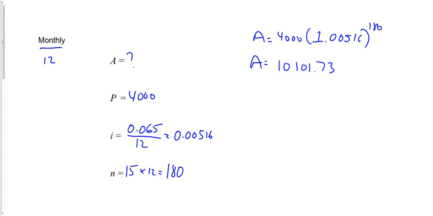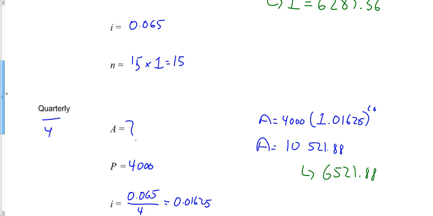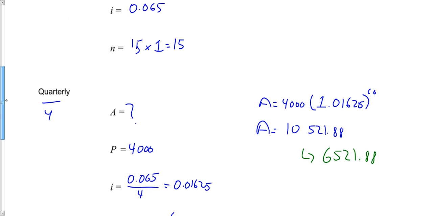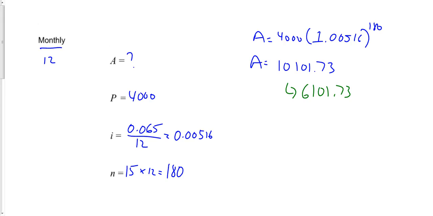If we want to figure out the interest, we subtract the original $4,000, and that's $6,101.73. So in that situation, he actually ends up getting slightly less, which makes me wonder if I made a mistake, but I'll quickly double check that.